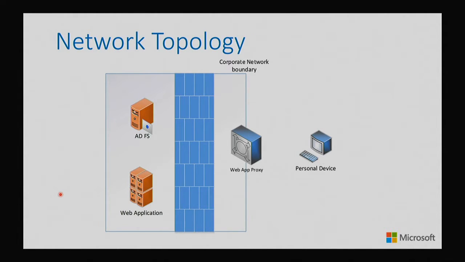The difference is that Microsoft Web Application Proxy will do some pre-authentication, and it only allows authenticated network traffic to go to the web application, which improves the security of the whole environment.